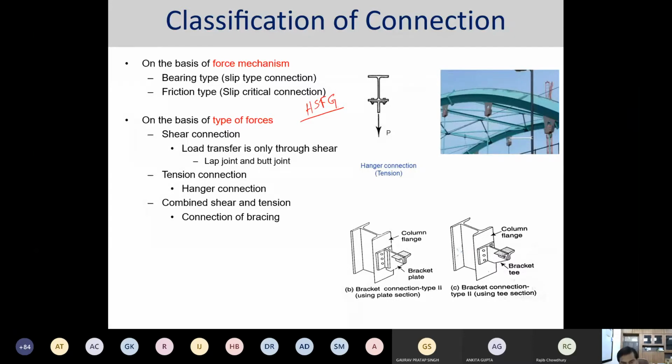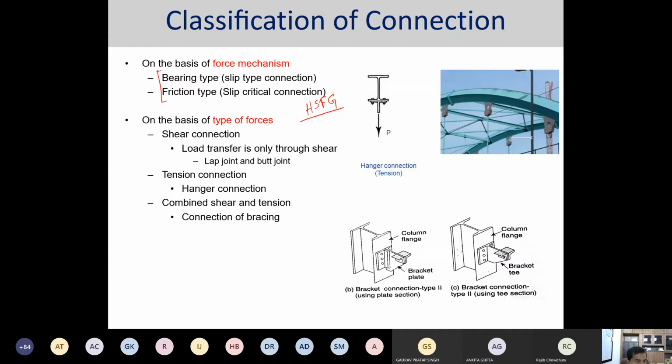However, the high strength friction grip bolt is more costly in terms of economy, compared to the ordinary or black bolt. So these particular differences come from the force transfer mechanism.